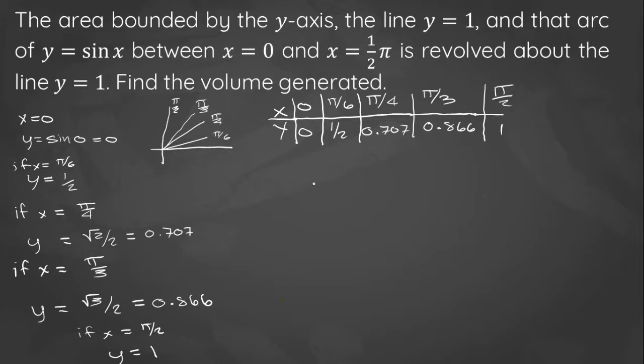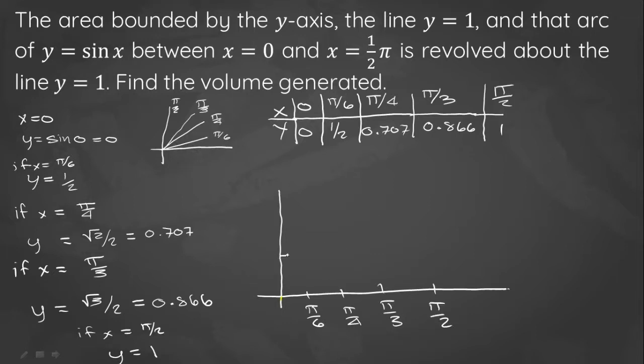By sketching the graph, plotting the points generated in our table of values, we have the y-axis and the x-axis. Now, x is equal to 0, and then this will become pi over 6, this will become pi over 4, this will become pi over 3, and pi halves. And this point will be our 0.5, and this point will be our 1.